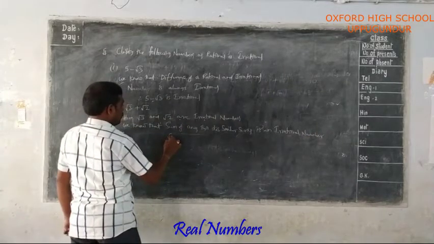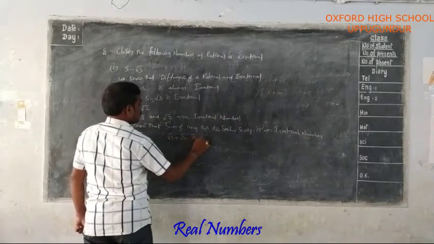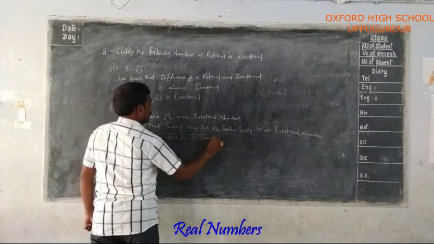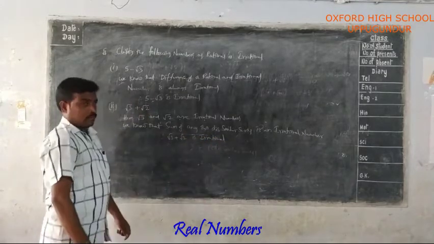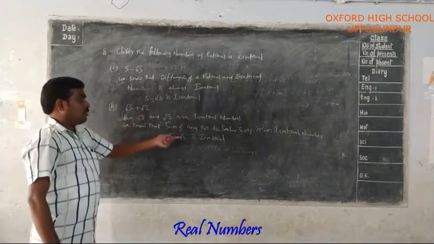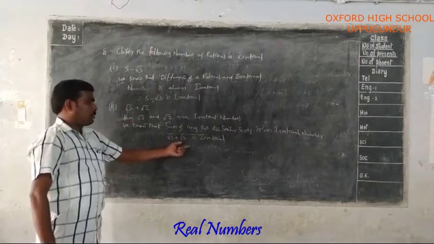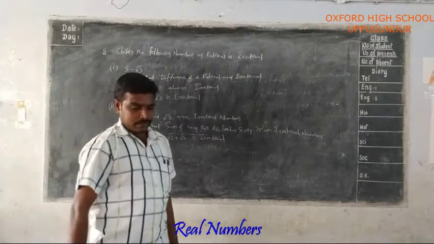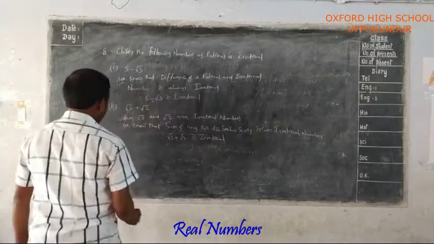Therefore, root 3 plus root 2 is irrational. These two are dissimilar surds, that's why when you are adding these two, you will get an irrational number. Next, root 2 minus 2 whole square.